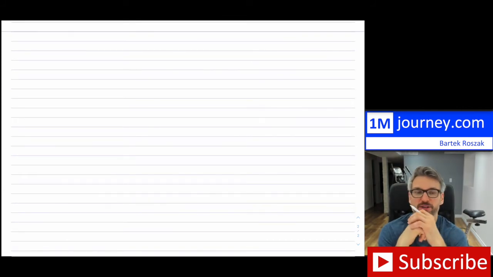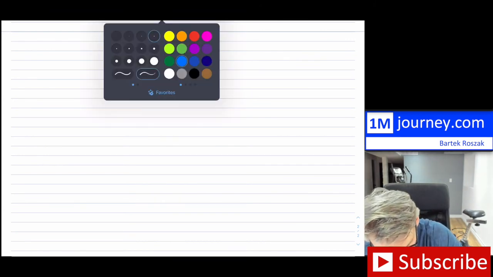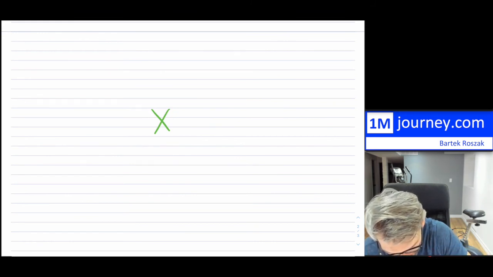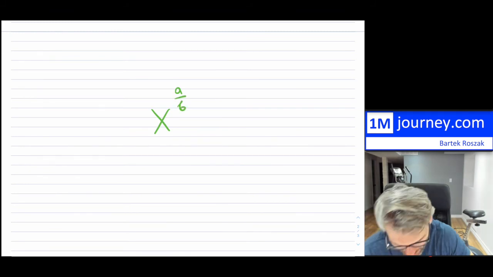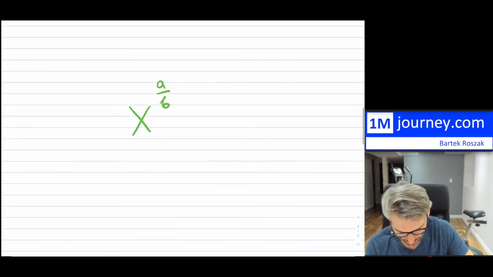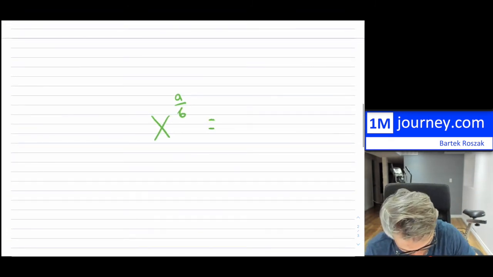All right, so now I want to give you, in general, since you saw it by example, with these fractional exponents, how you would actually change it back to a radical. So in general, if you have some number x, and it is being raised to, let's say, a over b, then if you want to transfer this into a radical, it would look something like this.